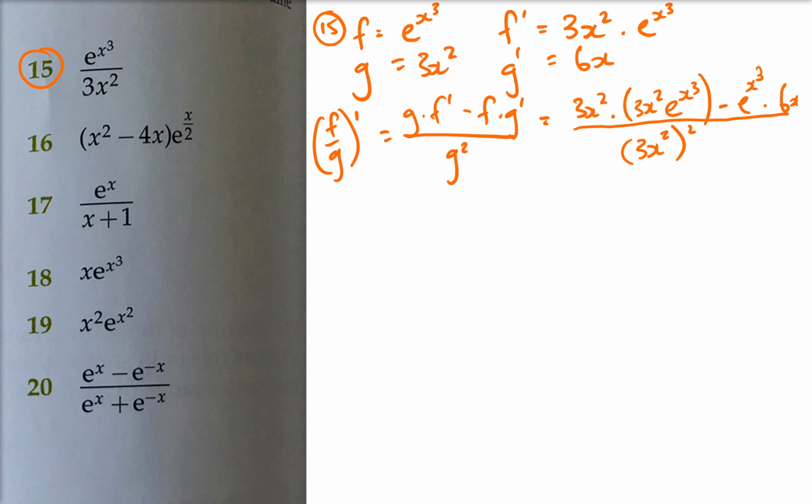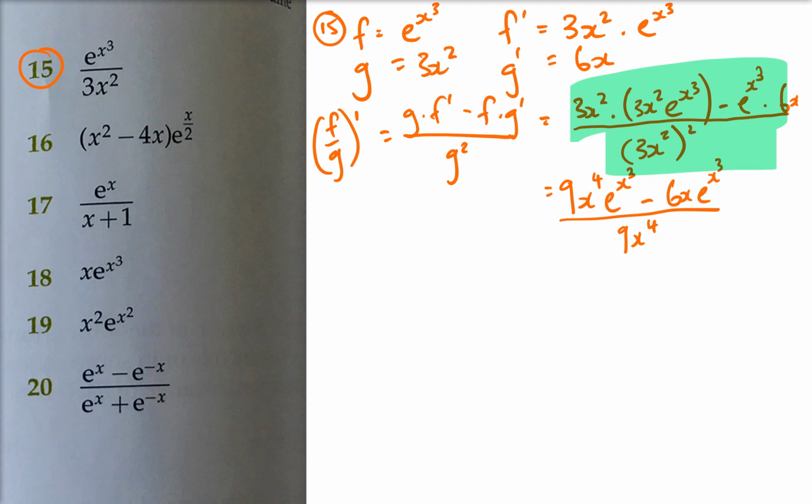To make it a little bit easier for yourself, you might expand the brackets and simplify everything. So that'll be 9x to the power of 4 e to the x cubed minus 6x e to the x cubed, all divided by 9x to the power of 4. Hopefully you can see that looks a bit simpler than the initial one up here.